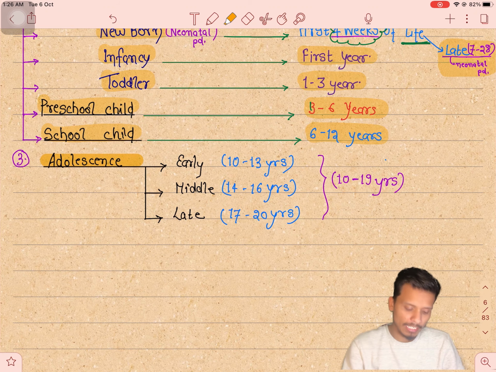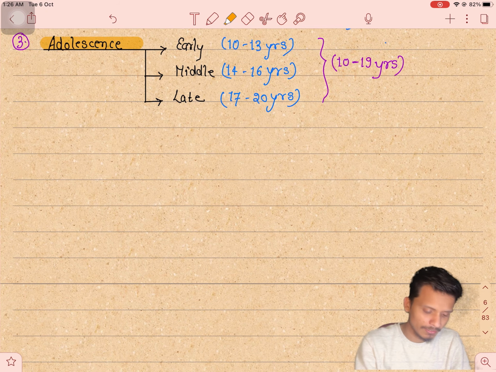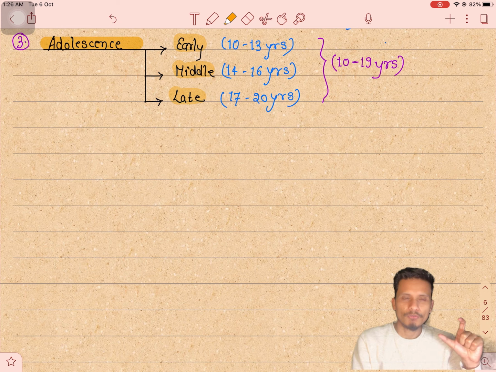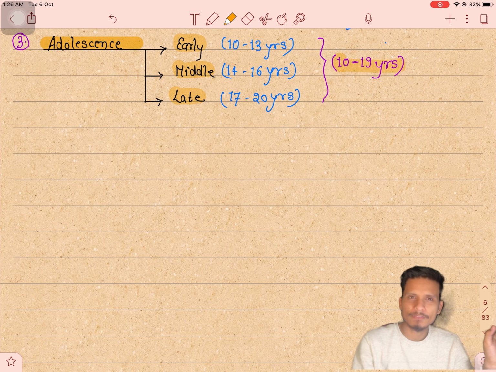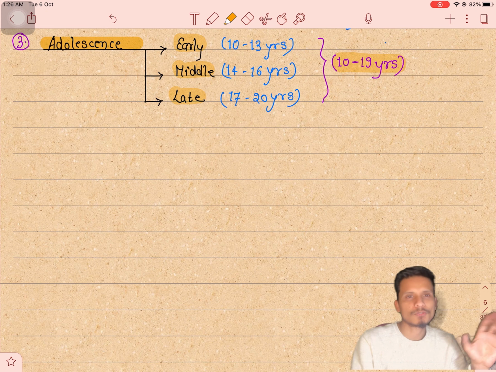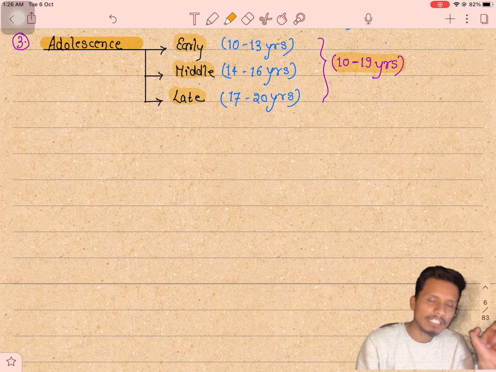Next, we are going to see adolescence. Adolescents are basically divided into 3 parts: early adolescence, middle adolescence and late adolescence. Adolescents vary between 10 to 19 years of age, basically counted between 10 and 20, and this 10 to 20 is divided into 3 parts: early, middle and late.